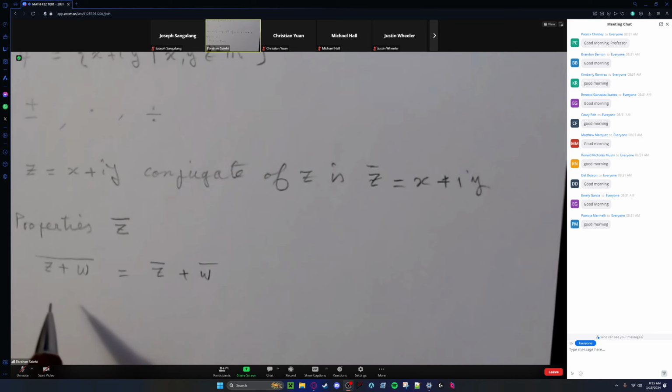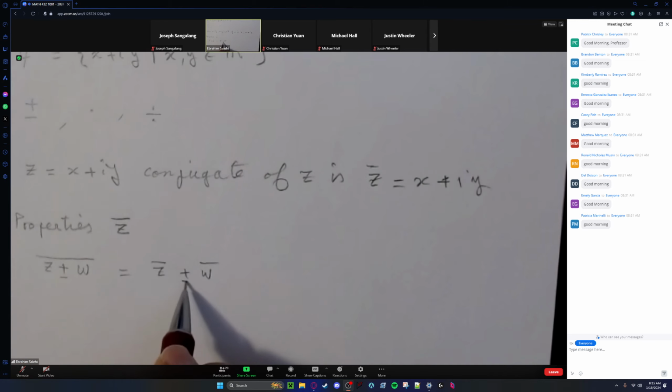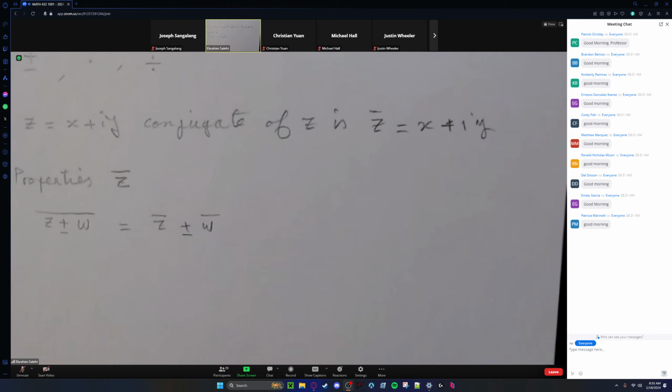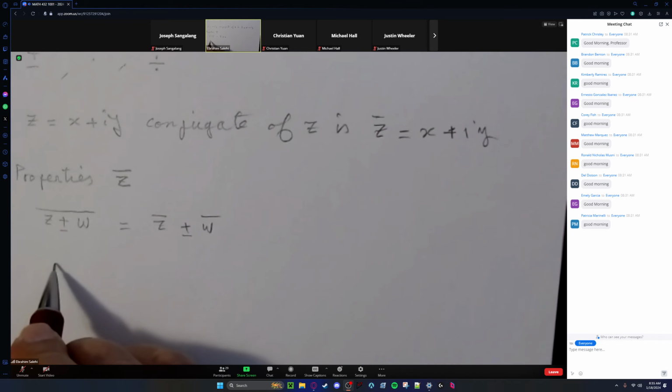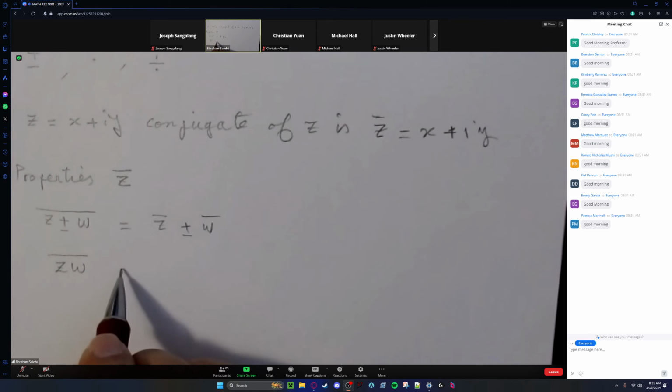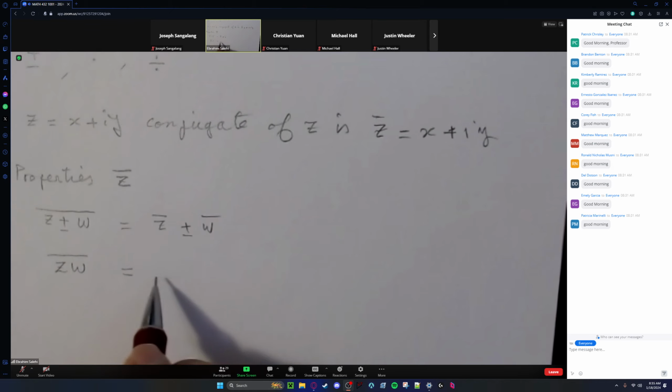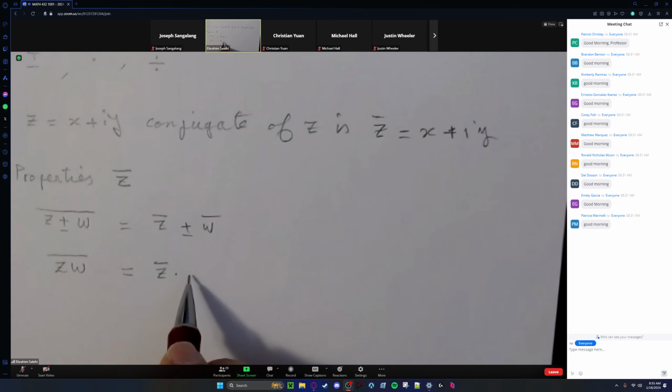The same is true for the difference, all right? And interestingly enough, the same is true for multiplication. If you have two complex numbers and you want the conjugate of the product, it will be conjugate of the first one times conjugate of the second one.